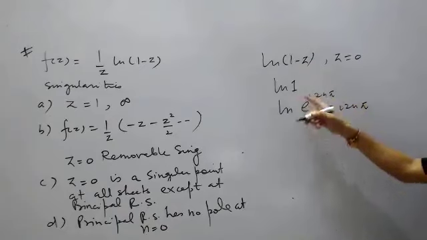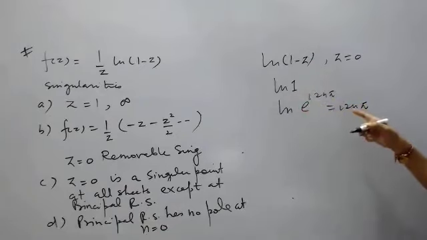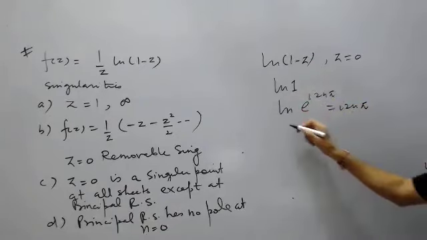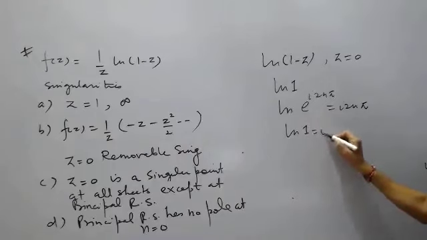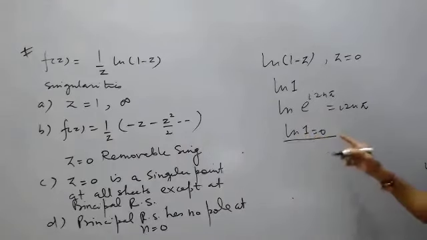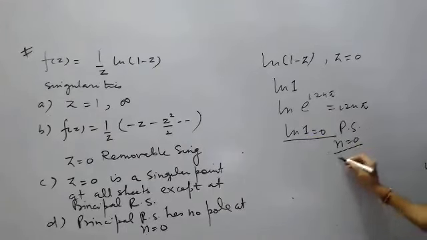So what we are considering as the principal, the value of log 1 being 0, we say that is not everywhere, that is only on the principal sheet when n is equal to 0. See this carefully.